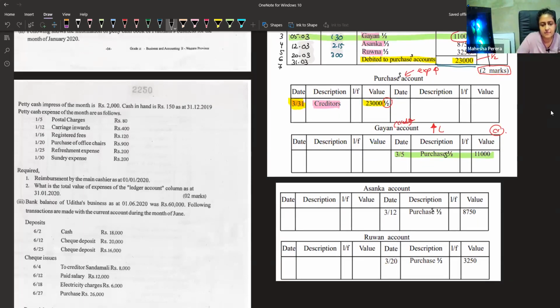Their respective date, the description should be purchases, and the value should be the respective value. Values should normally be aligned to the right side. They shouldn't be written like this in front. Those are typing errors. You have to align them and write it nicely.